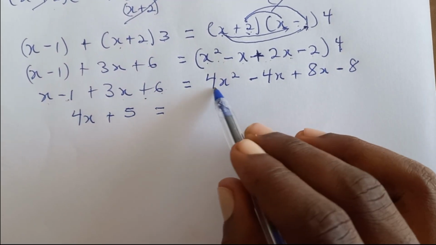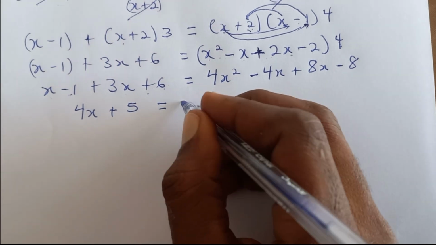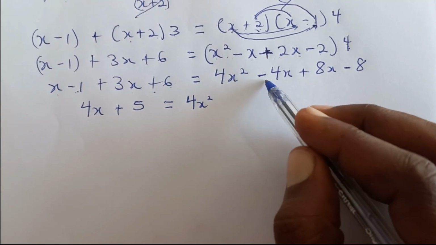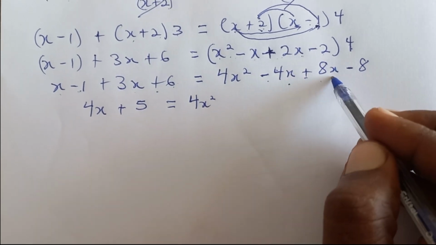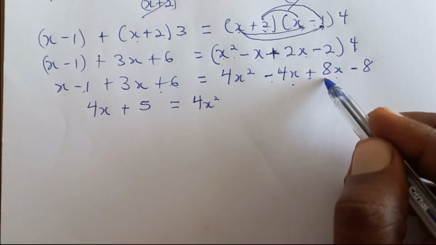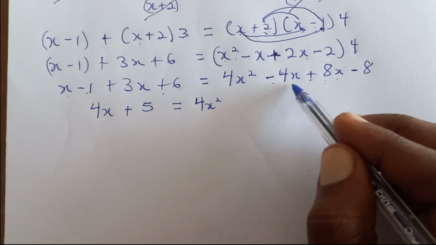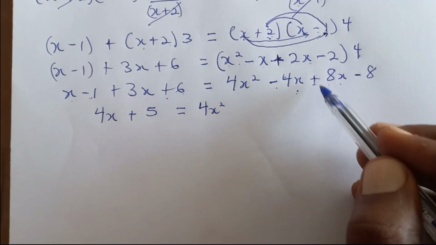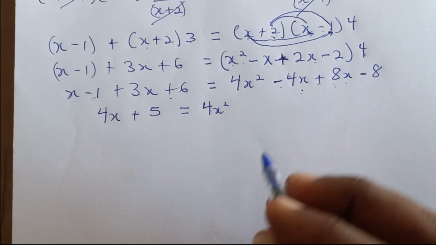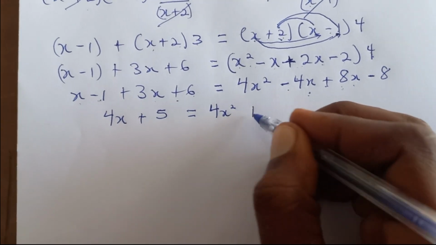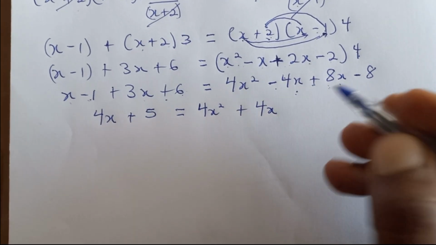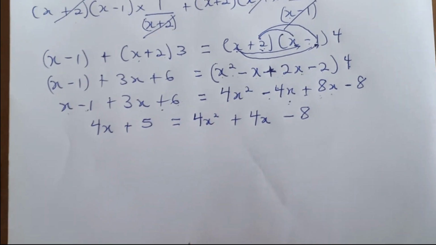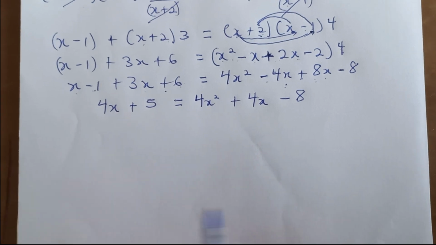So let's also simplify the right hand side. We have 4x squared. Now, minus 4x plus 8x, what are you going to get? We get plus 4x. Then our -8.